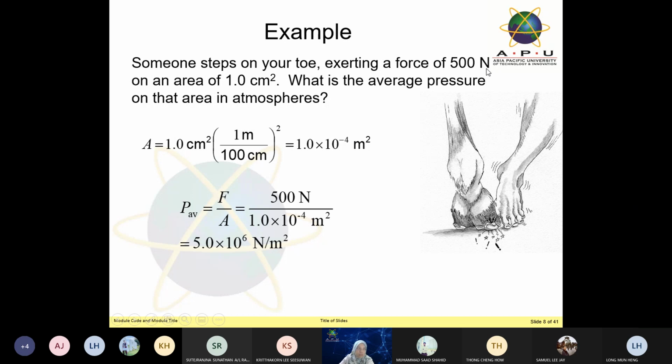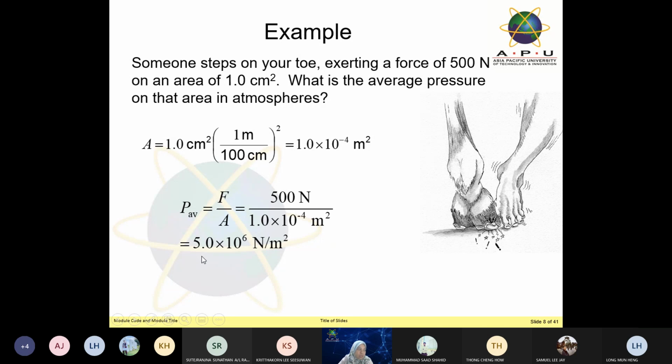If given in kilogram, kilogram cannot use, must convert to Newton. So must times with 9.81 to be exact. Okay, or in the school maybe you use 10. So must times first, then only become Newton. So that Newton value put into here.